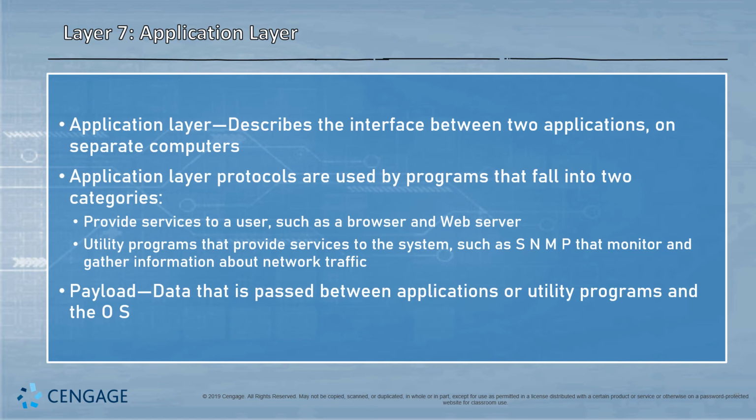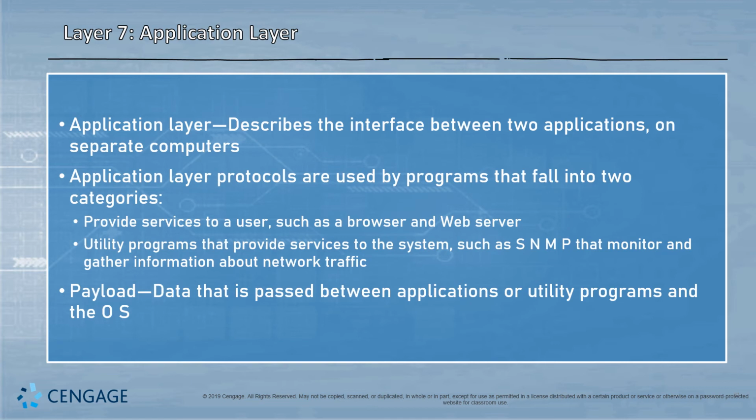We've got, for example, a web application that's accessing a web page. We've got our web browser client on our end. We click on a link, and we need to retrieve the document that powers that page, the HTML, the CSS, whatever else is present. And that interface between client and server has to be facilitated, and that starts at the application layer. So providing services to a user, providing services to a system, that has to be established.